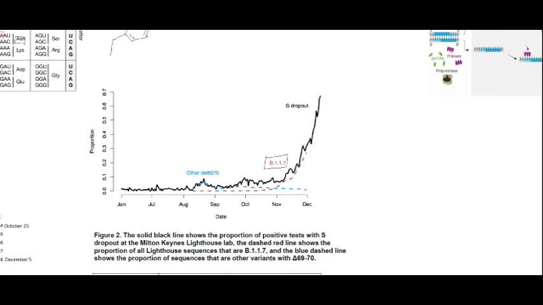And in blue here are other variants that are not this new variant of concern that have this deletion in it, and you can see that that is actually not increasing, but this new variant having that deletion is increasing at the same time as that variant is increasing.